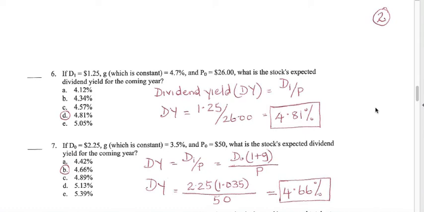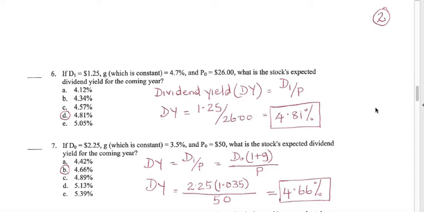Let's take a look at number 6. You're told D1 is equal to $1.25, g is 4.7%, and the price of the stock, P0, is $26. What is the stock's expected dividend yield for the coming year?